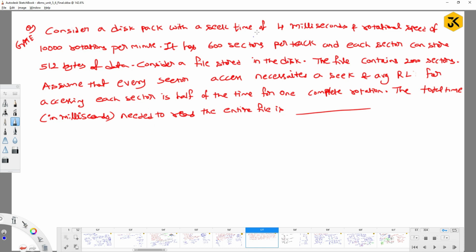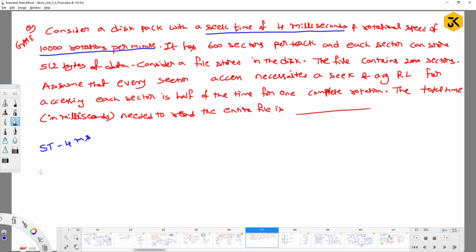Consider a disk pack with seek time of 4 milliseconds and rotational speed of 10,000 rotations per minute. When you get any kind of question, you need to write down those parameters. Seek time is 4 milliseconds.